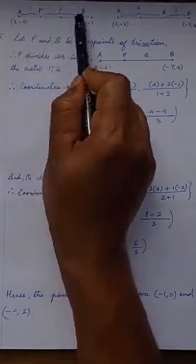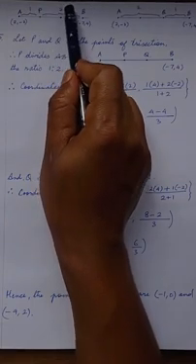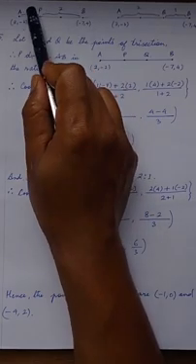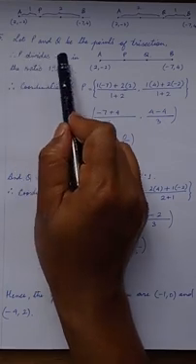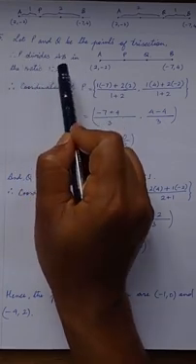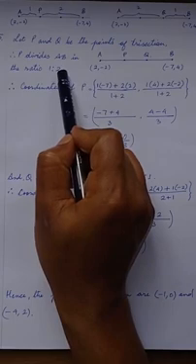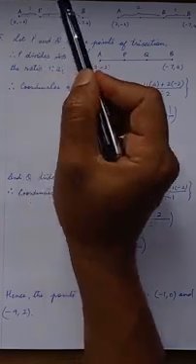In the other part I have 2 parts, so I have taken this as 2. So AP is to PB is 1:2. That is the ratio. So we will say P divides AB in the ratio 1:2. Then using this 1:2, you will be finding the coordinates of P.